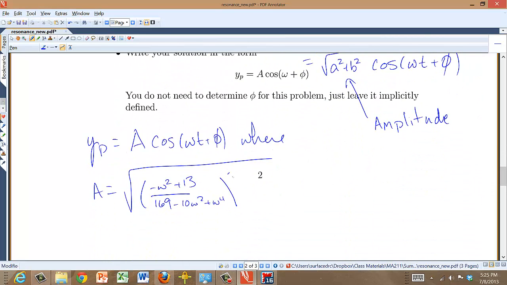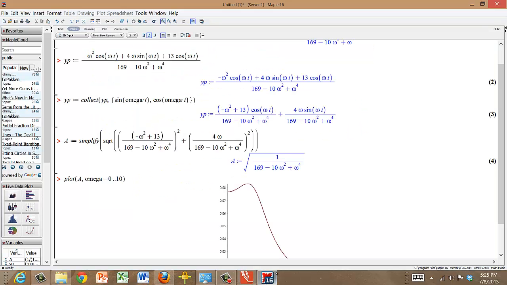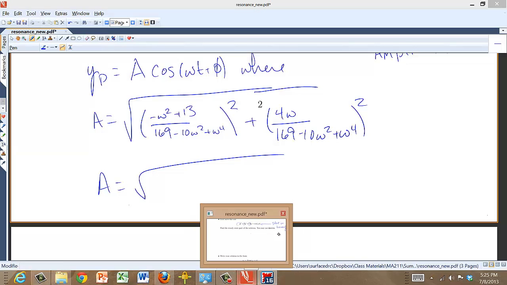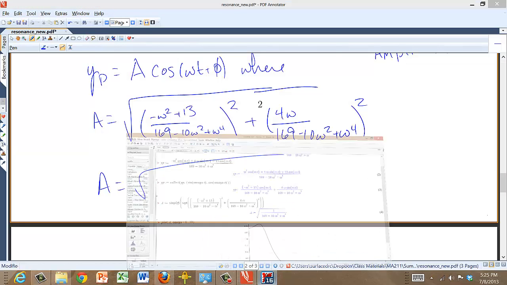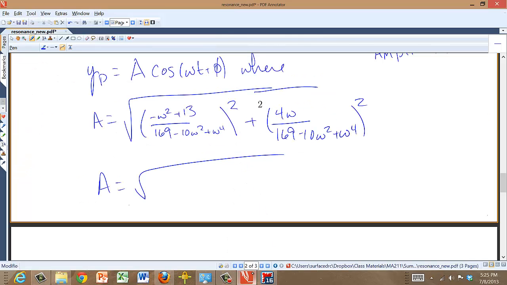So that coefficient squared plus the other coefficient squared for omega divided by the same denominator, 169 minus 10 omega squared plus omega to the 4, that guy squared. And I took the liberty of simplifying that for us using Maple. You can see it's actually equal to the square root of 1 over that denominator.